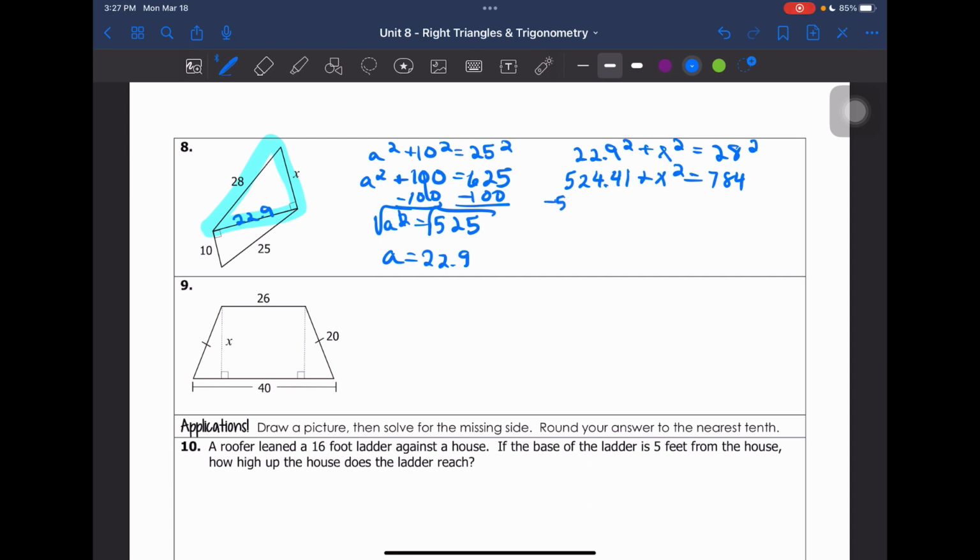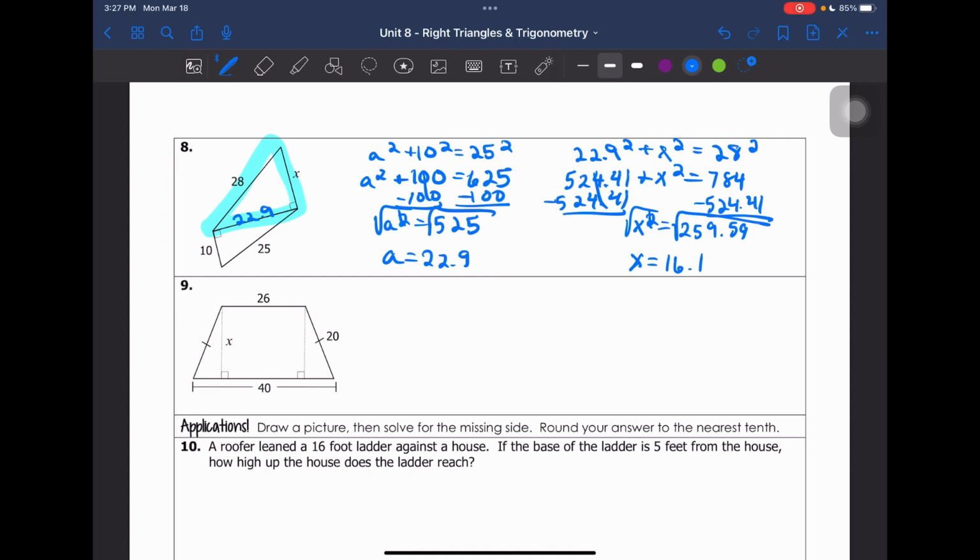So let's go ahead and move this over to the other side. And let's do some subtraction. So when we subtract these numbers, what we'll end up with is 259.59, and then we need to square root that in order to know what x is. So that would be about 16.1.